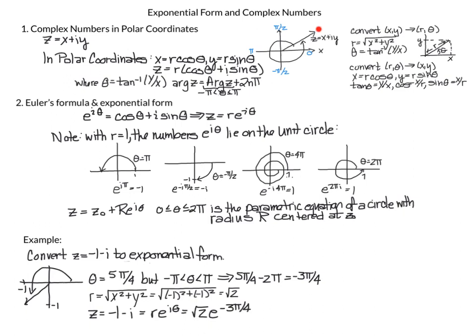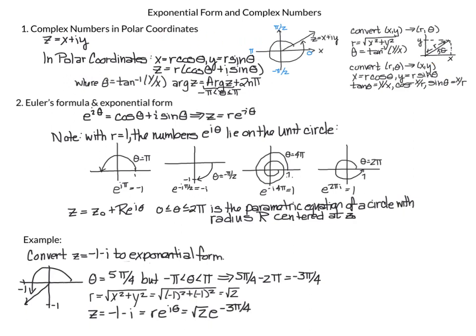We can also represent the same point using polar coordinates, where we use r to represent the radius, the distance from the origin to the point, and theta is the angle formed between the positive x-axis and our vector. We have these formulas here, which allow us to convert from rectangular to polar and then polar to rectangular coordinates.